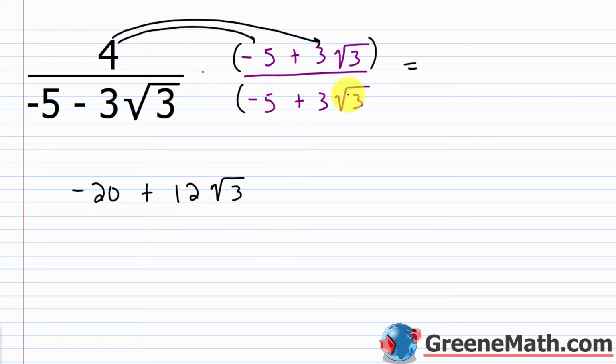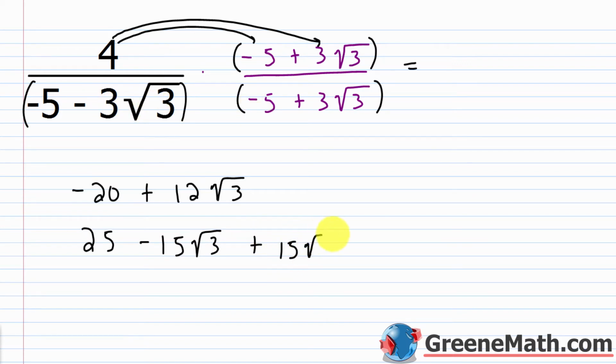Then down here, you basically think about this as using FOIL. But again, because this is something we know already, the outer and the inner, they're going to cancel. Right? I would do negative 5 times negative 5, that would give us 25. The outer, negative 5 times 3 times the square root of 3 would be negative 15 times the square root of 3. The inner, negative 3 times square root of 3 times negative 5 would be positive 15 times square root of 3.